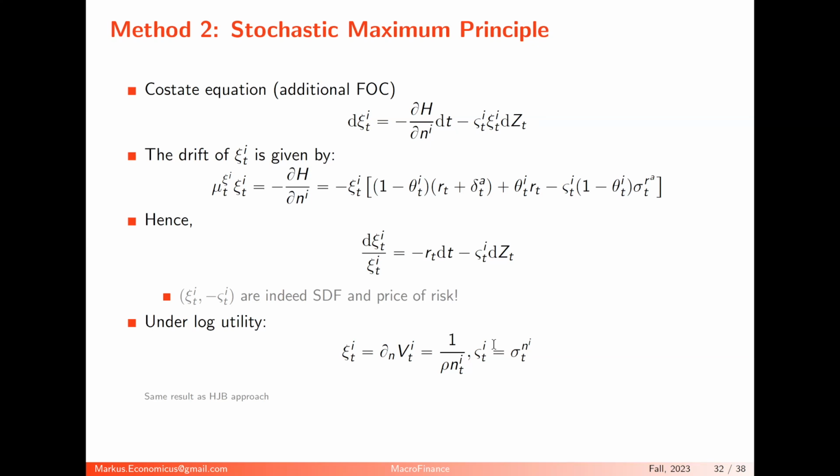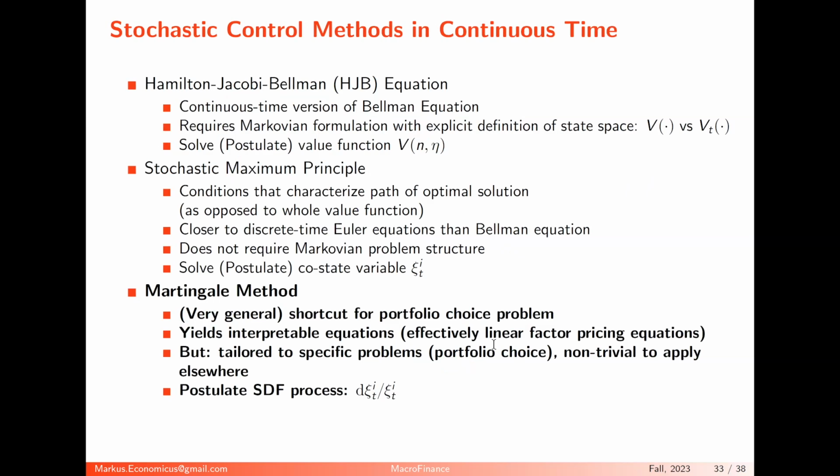Now, what we will use is essentially a martingale method, which is close to the stochastic maximum principle, but it's tailored towards a shortcut for portfolio and consumption choices, in particular for portfolio choice. The beauty is it yields interpretable equations.